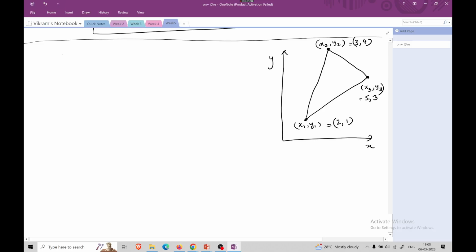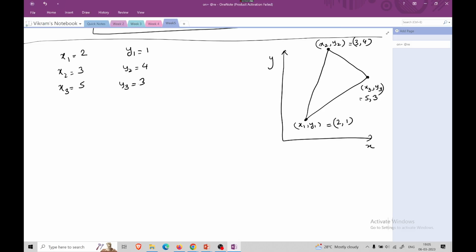Which means my x1 is equal to 2, x2 is equal to 3, x3 is equal to 5, y1 is equal to 1, y2 is equal to 4, y3 is equal to 3. So this is my data. What I am going to do is try to solve for the interpolation function.